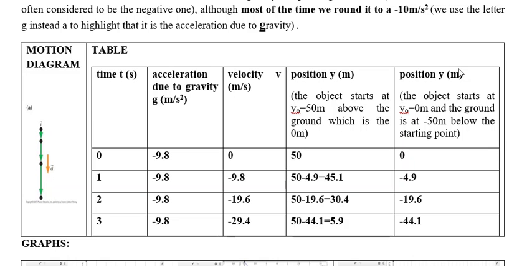If I consider my initial position to be 0 and the ground being at negative 50, all positions and all displacements will be negative. There is no difference. If you add them up, they always give you 50. That means there's no difference. It depends only on the students which case they consider the easiest one.